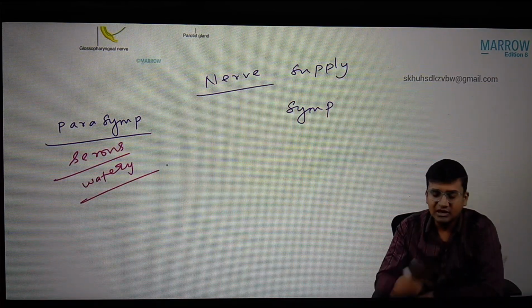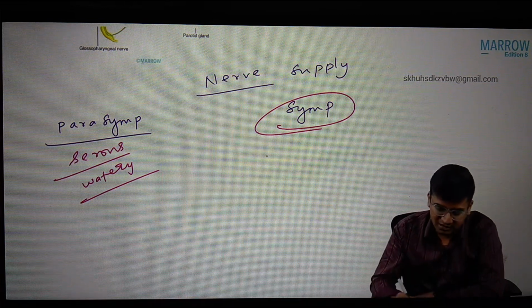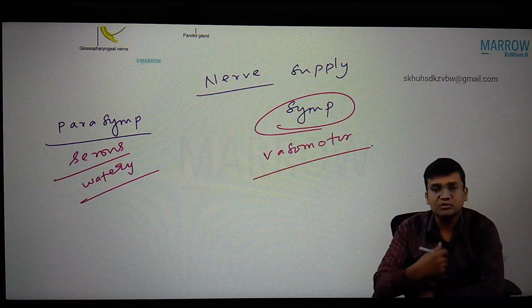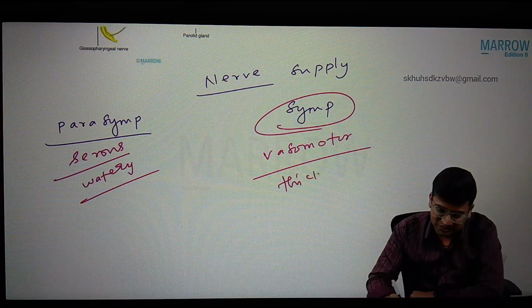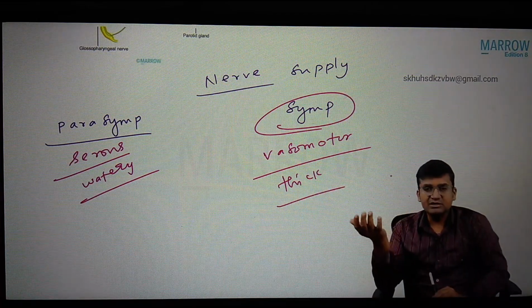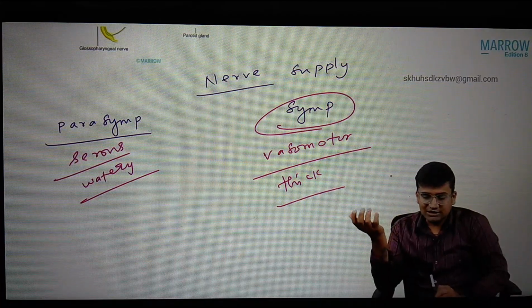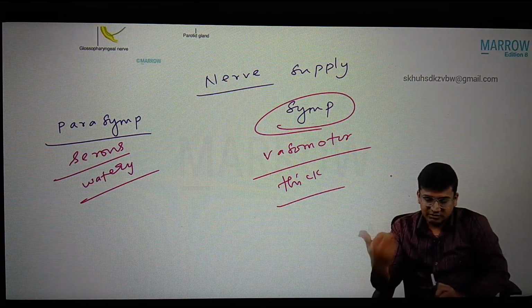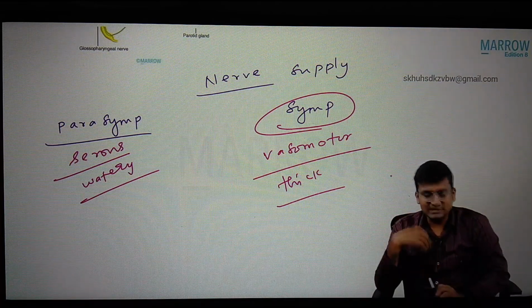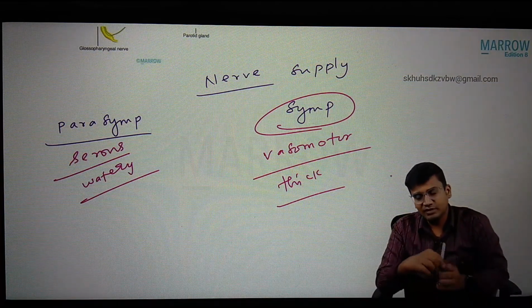The sympathetic supply is vasomotor, and it also brings thick mucous secretion to the parotid gland, whereas parasympathetic fibers bring the watery secretion.